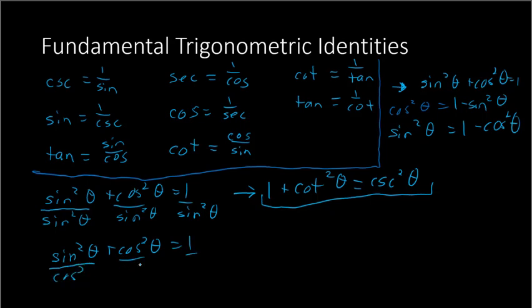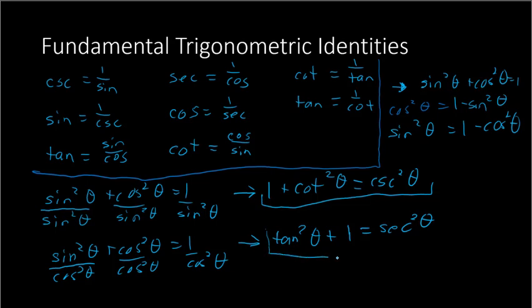When you do that, sine over cosine would be tangent, so we have tangent squared of theta, plus cosine divided by cosine squared would be 1, equals 1 over cosine squared, that would be secant squared. So we have tangent squared of theta plus 1 equals secant squared of theta.